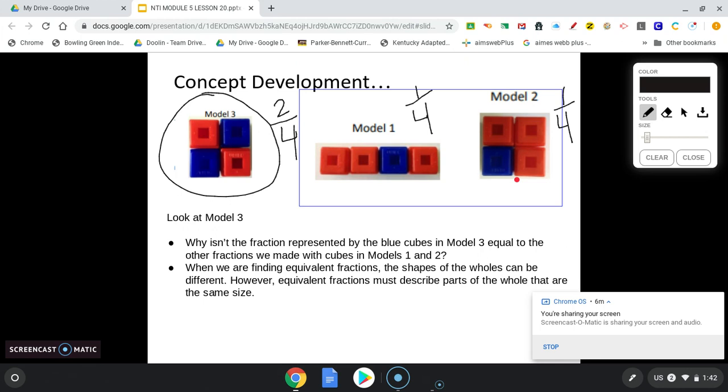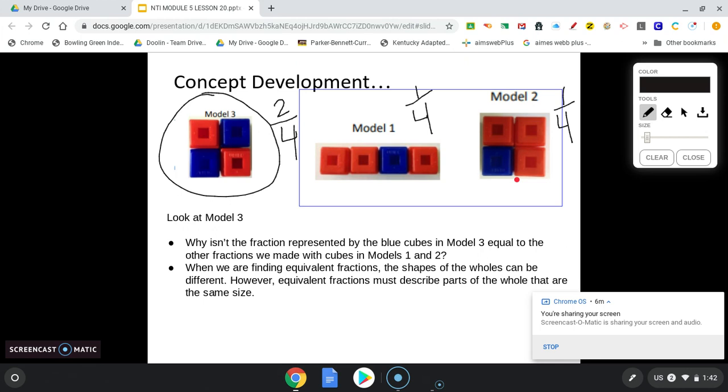Right, the blue covers more area in model 3. 2/4 of the square is shaded in, whereas in models 1 and 2, only 1/4 is shaded in. When we're finding equivalent fractions, the shapes of the wholes can be different.